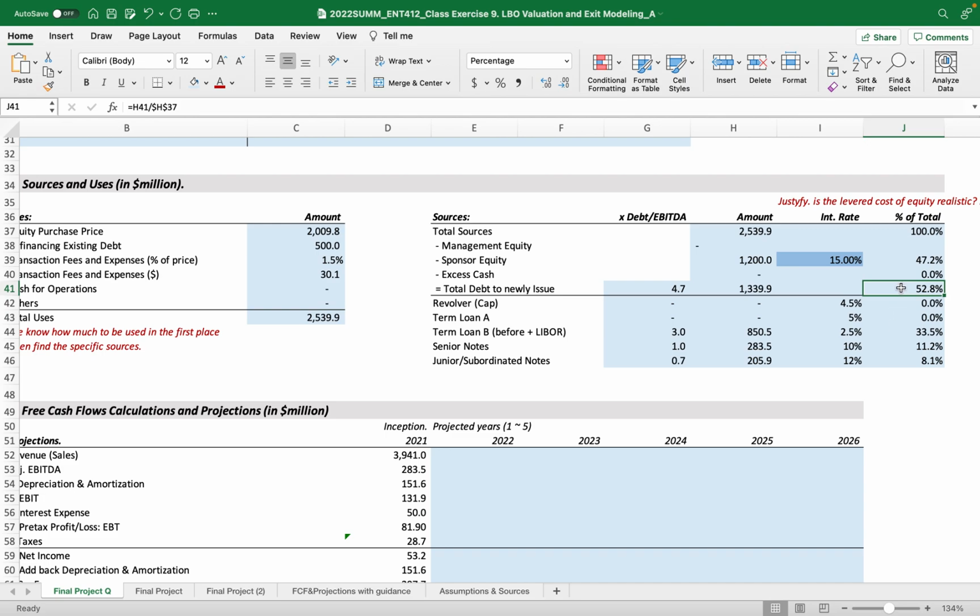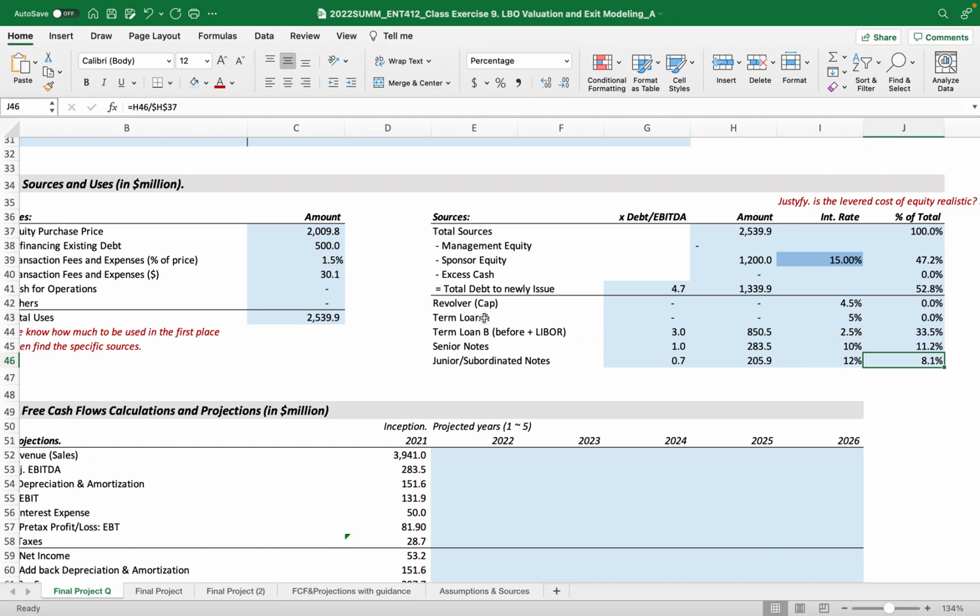And this 52.8% is comprised of term loan B and senior notes and junior notes, right? The senior notes or junior notes have a very high interest rate because they are not necessarily repaid, but term loan B, term loan A, or revolver must be repaid during the investment period. That's why this interest rate is low, right?